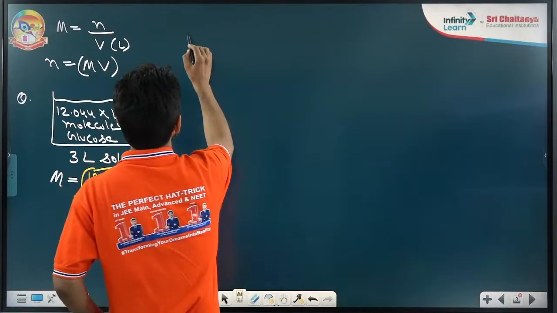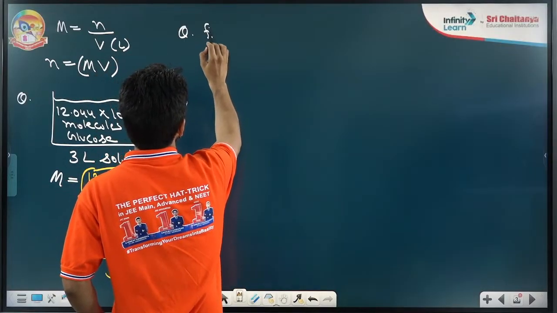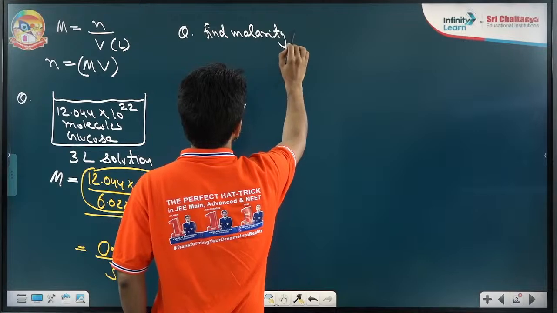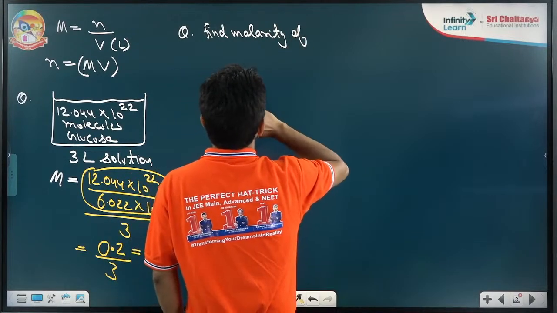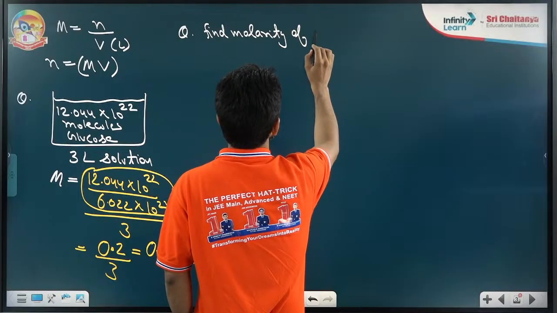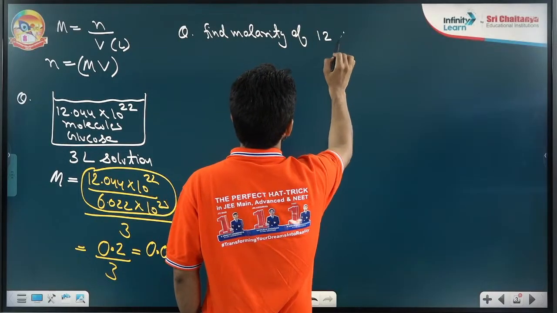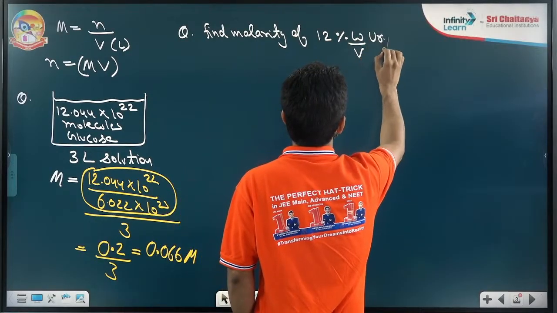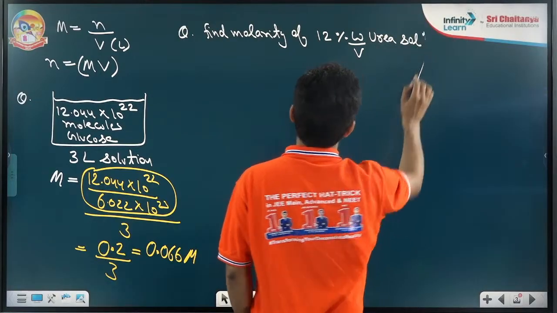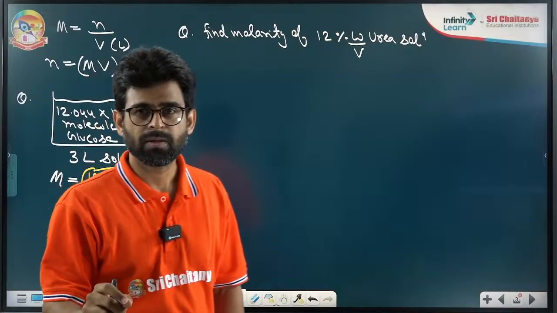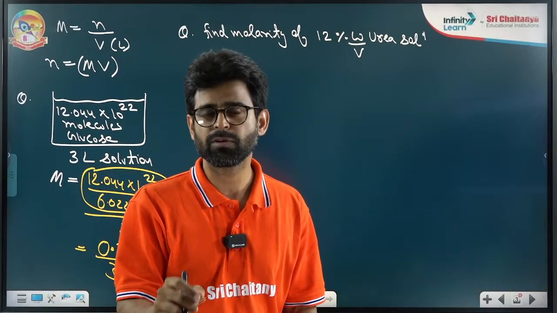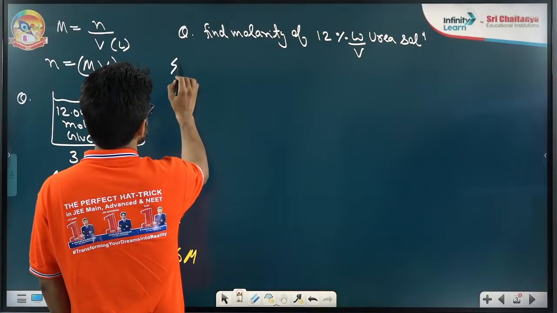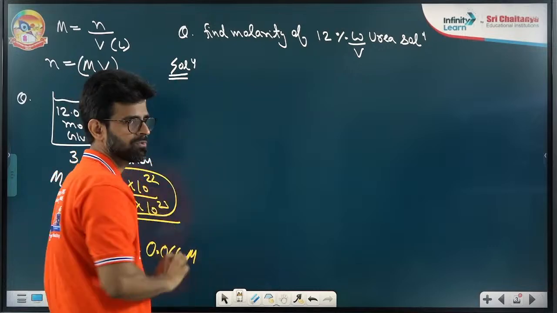Find the molarity of a 12% weight by volume urea solution. They gave me the weight by volume percentage of the solution, and they're asking molarity. First use your general method, and then we will see the shortcut also for this.